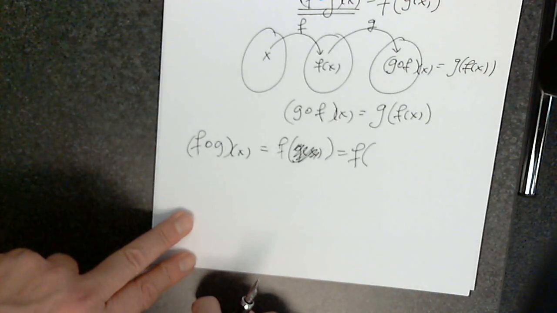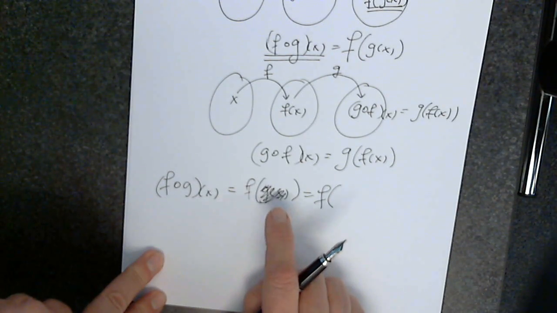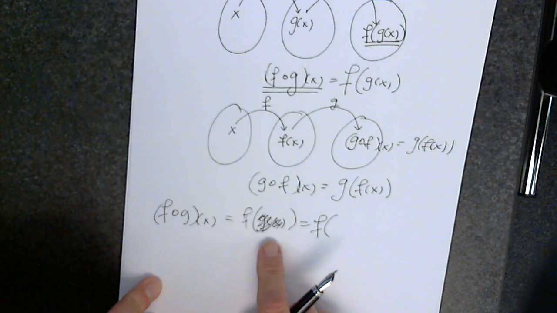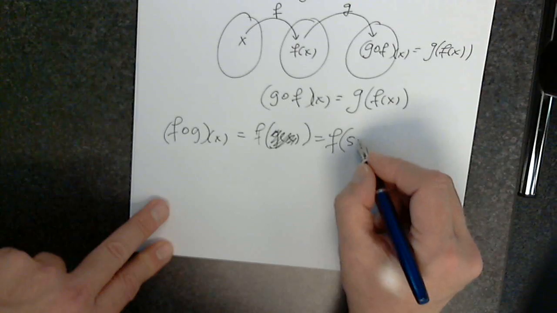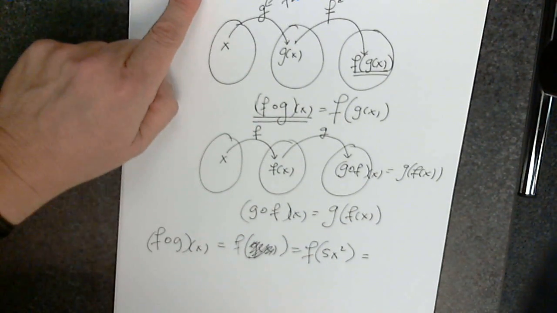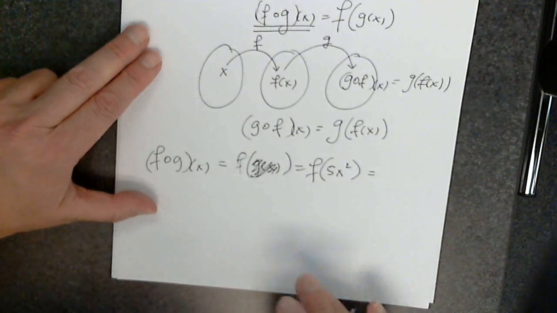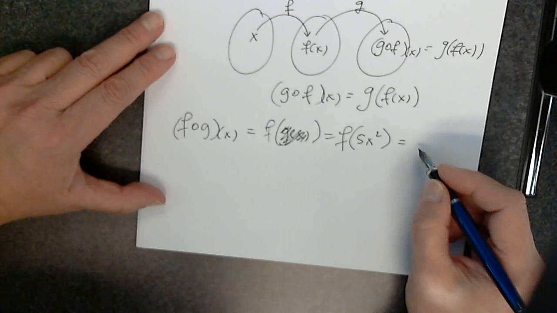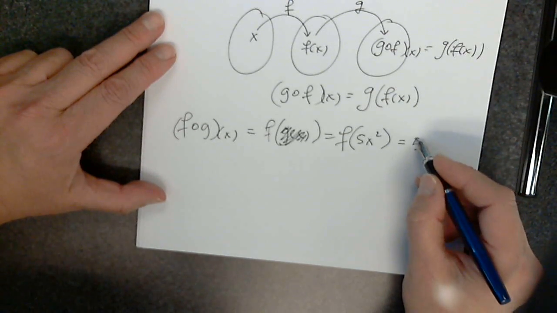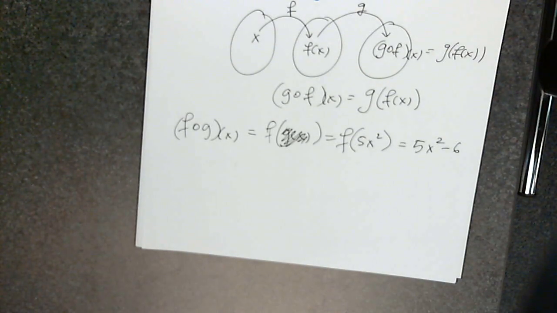What is that? What is G? 5x squared. Very good. So now I'm asked to find F of something, but by definition, F of something is something minus 6. So how will you write the final answer? 5x squared minus 6. Something minus 6.